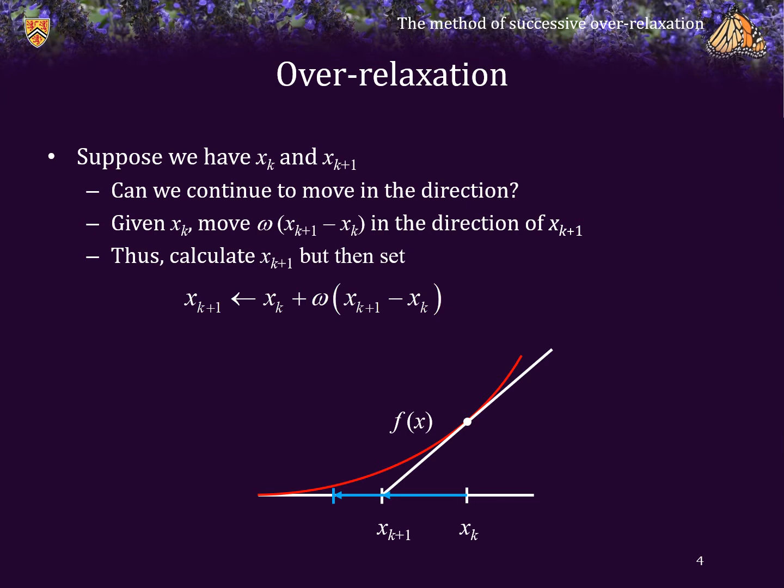If you just wanted to go from x_k to x_{k+1} in one step, omega would be equal to 1. This expression can be simplified to just be 1 minus omega times the previous approximation plus omega times the next approximation. This technique is called over-relaxation, and if we continually do that every single step, we call it successive over-relaxation.